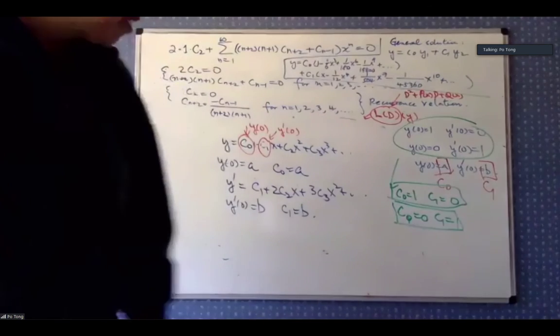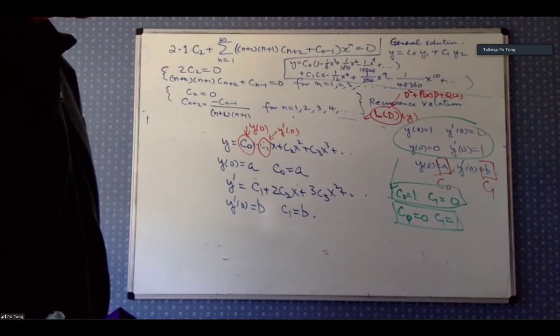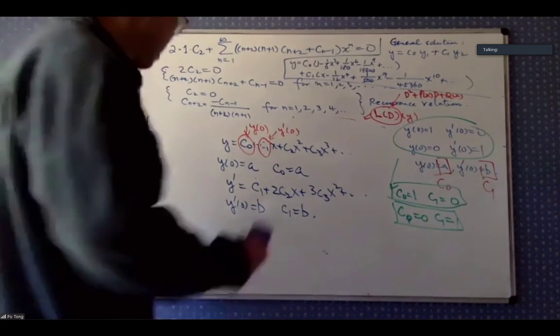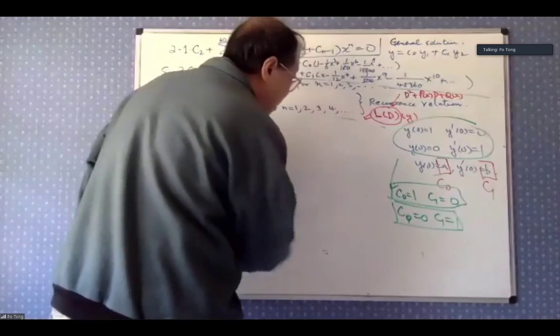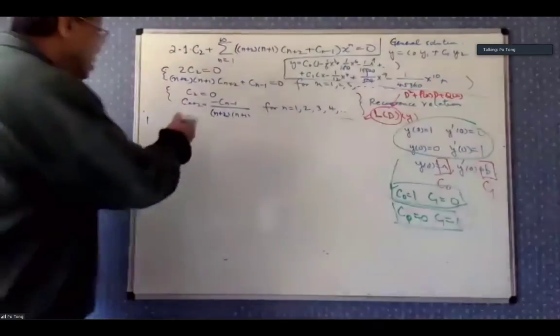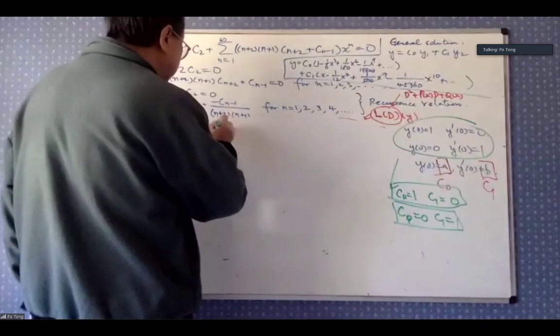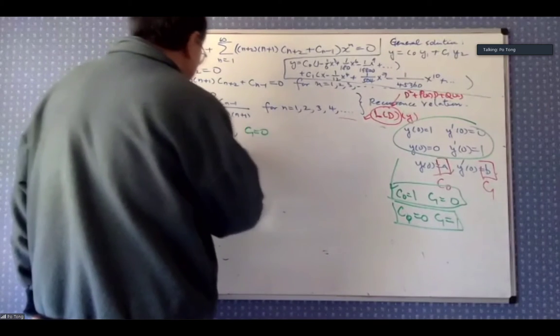I hope I explained this to you by now. And that is why, because of this, we can assume C0 equal to 1 and C1 equal to 0, okay?